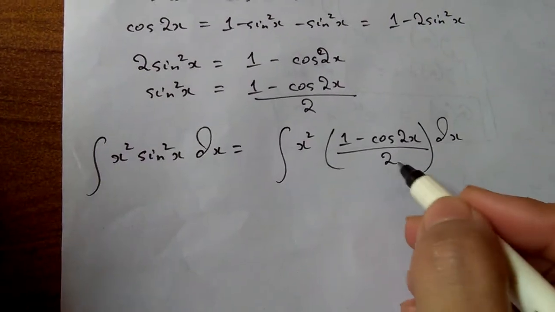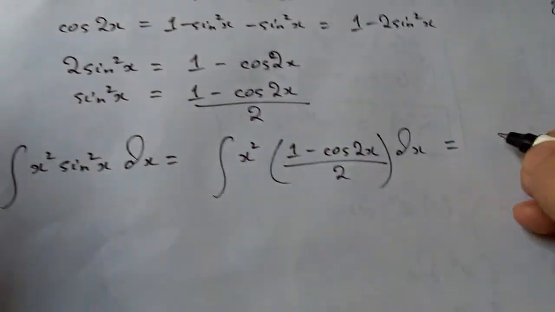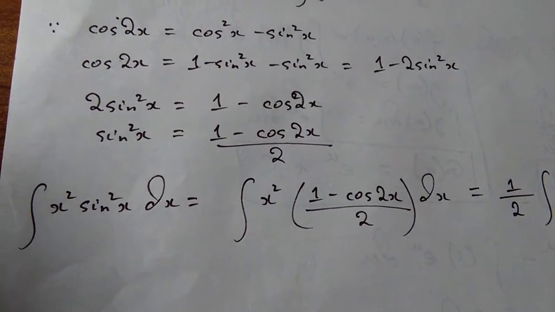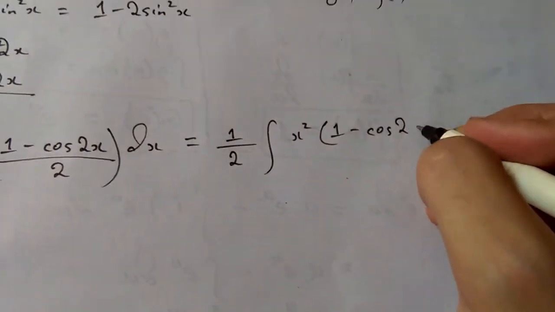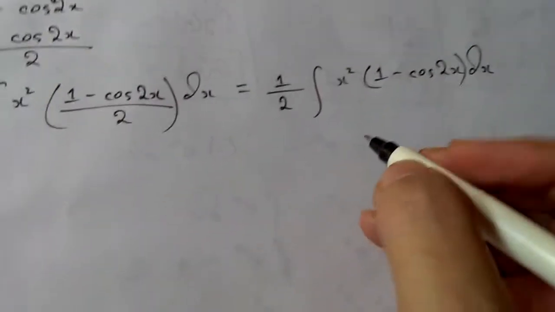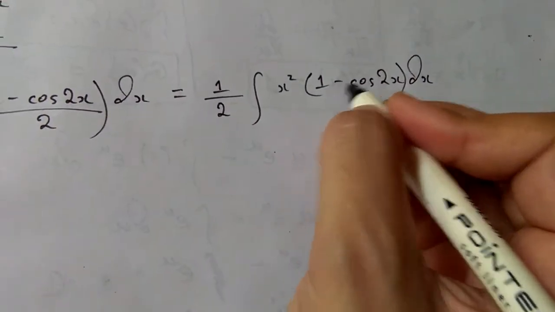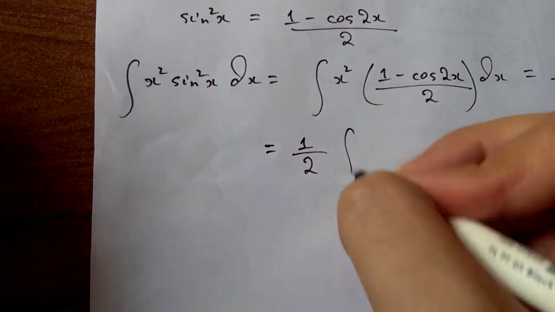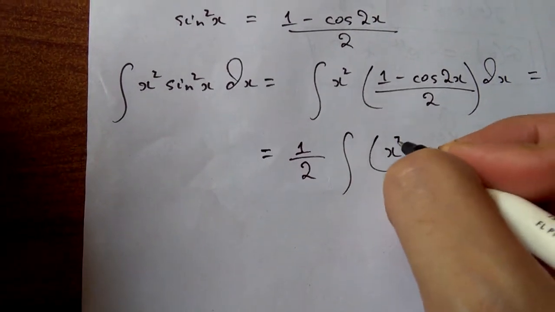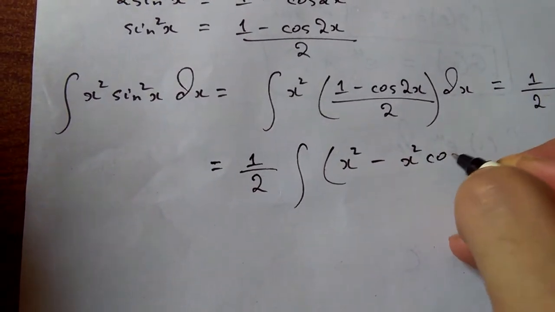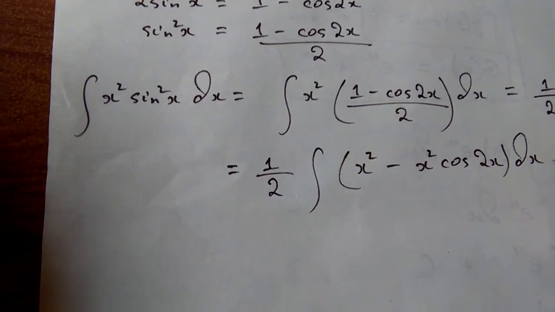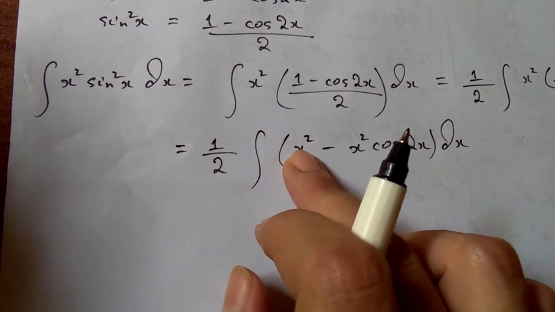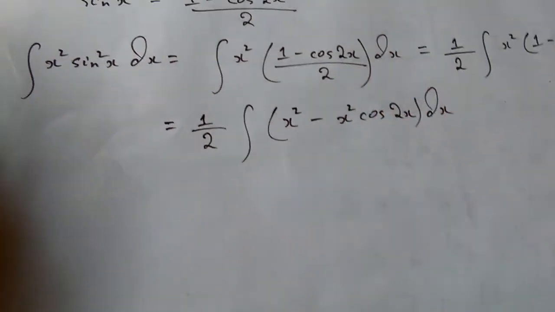So now this 2 is going to be taken outside the integral. Now you just multiply your x squared with these two terms one by one, and it is going to appear like this. Now you're going to apply your integral individually on this term of the integrand and this term of the integrand one by one.